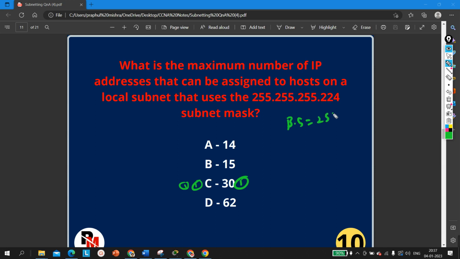So 256 minus 224 gives 32. The block size is 32. So one will be the network ID and one will be the broadcast ID, so we need to minus 2, right? Yes, sir. So valid hosts will be 30.